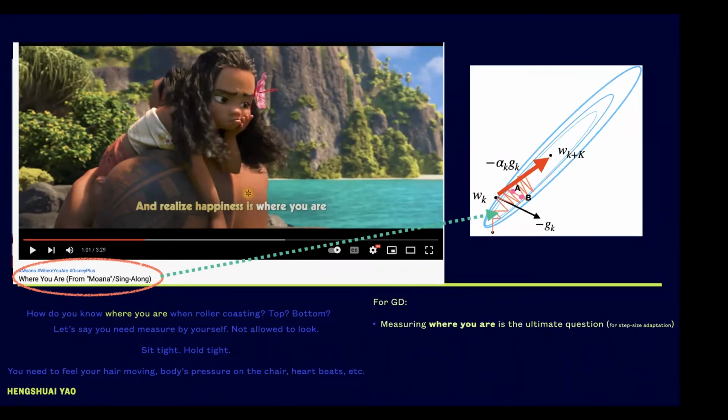I summarized this from lots of papers. Measuring where you are by gradient descent itself, with no help from external sources, basically means gradient descent update data has to be used in order to measure well.